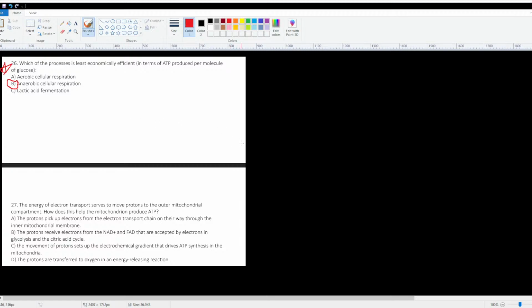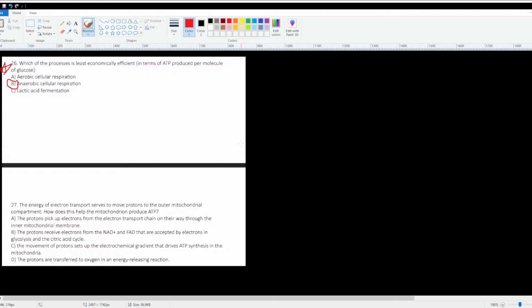So remember, if we have 1 molecule of glucose, aerobic cell respiration will give us like 30 something ATP molecules, right? And Dvorkin just kind of went over this on Wednesday. When we're talking about anaerobic cell respiration, it's super inefficient. We're just doing glycolysis.